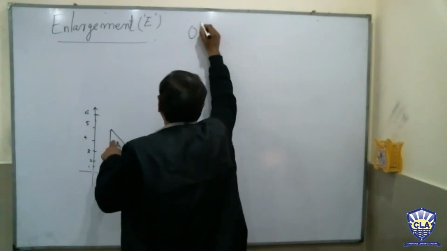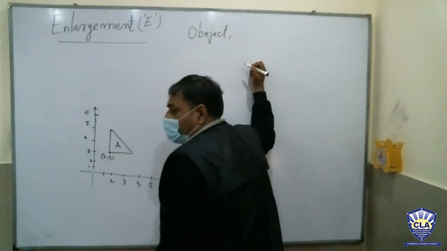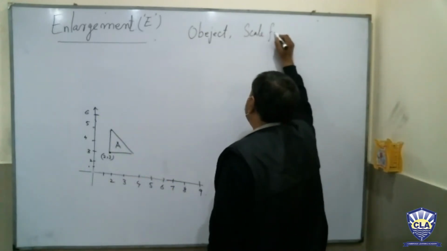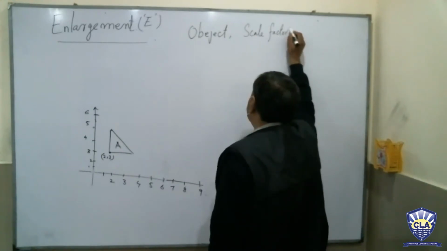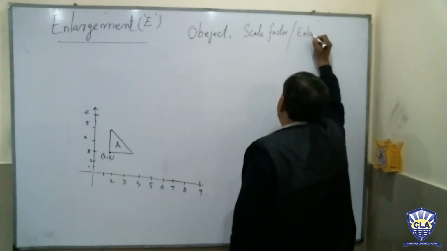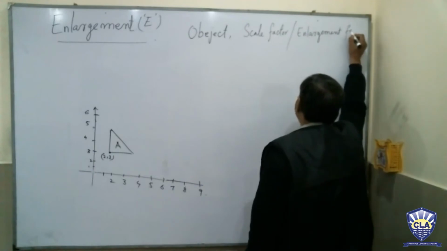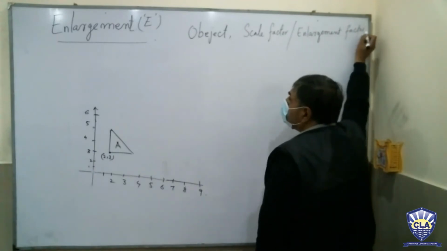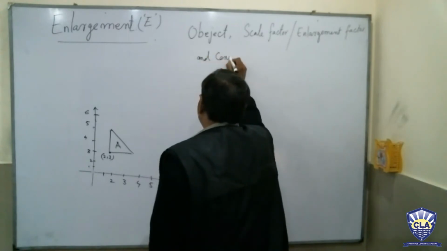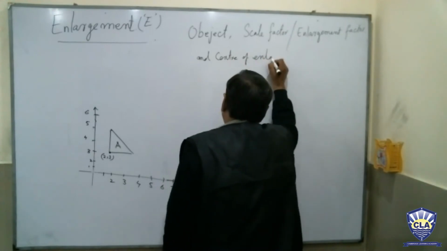We need an object. Number one, the object. Number two, the scale factor, or enlargement factor. And three, the center of enlargement.